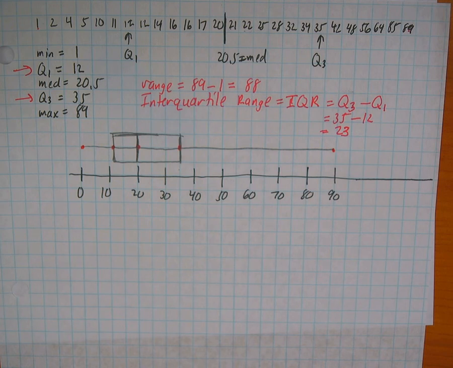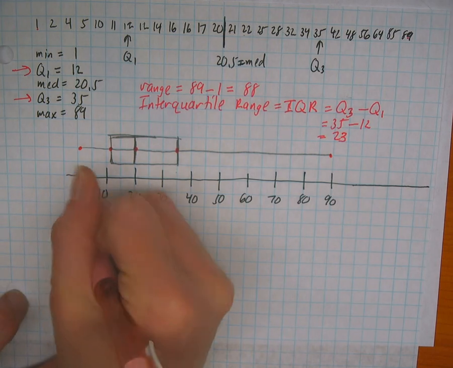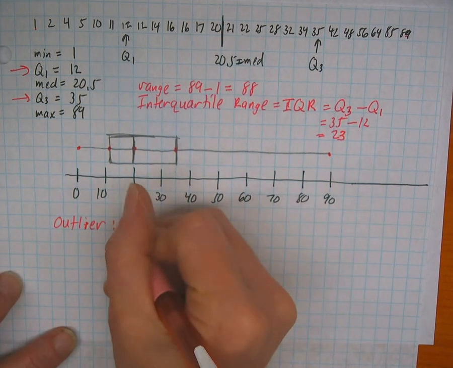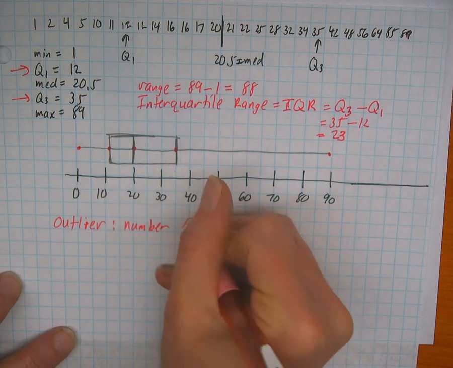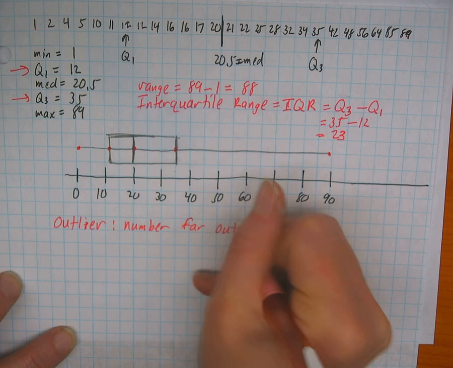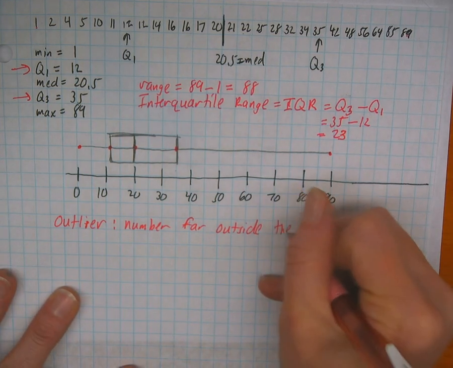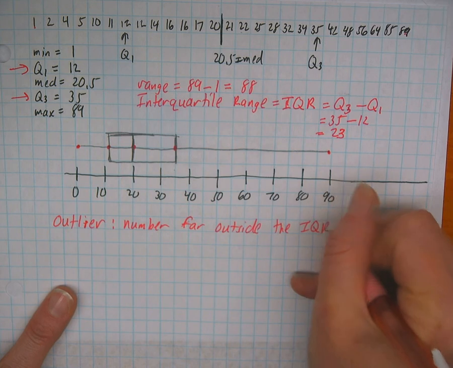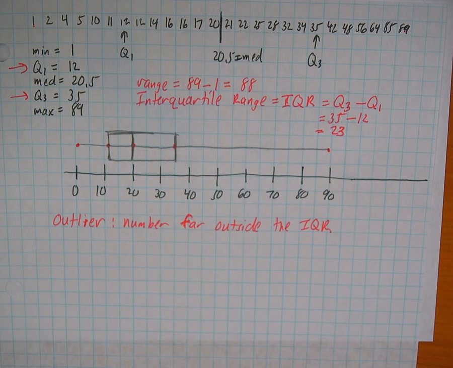Now we can use the interquartile range to find what we call an outlier. An outlier is a number far outside the range. Well, far outside, not the range, far outside the interquartile range.